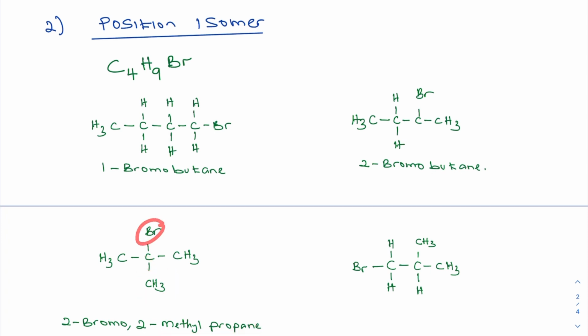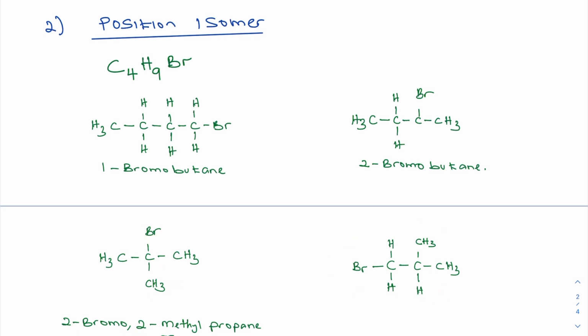B comes before M, so 2-bromo-2-methylpropane. So you count 1, 2, 3, and that'll be 2-bromo-2-methylpropane.